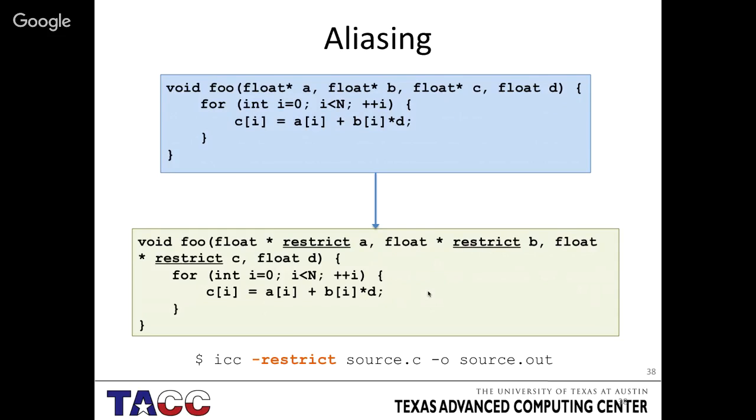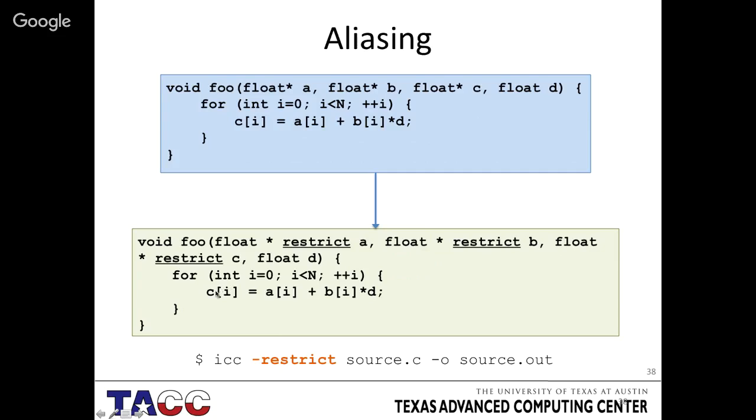So you have to specify this restrict attribute in the arguments here. Instead of just writing float star a, you would also put in there restrict, and then when you compile it, you use -restrict, and the compiler knows there's no aliasing there, and it's safe to vectorize within this function here.